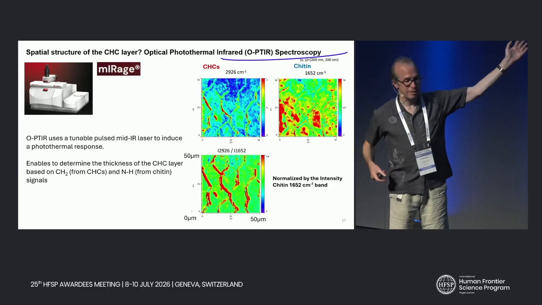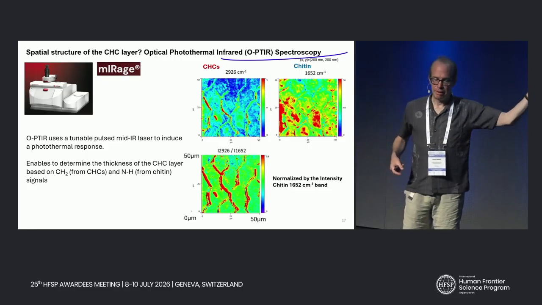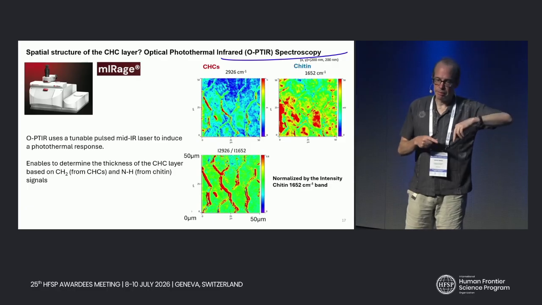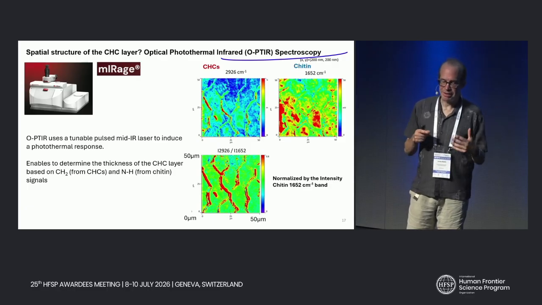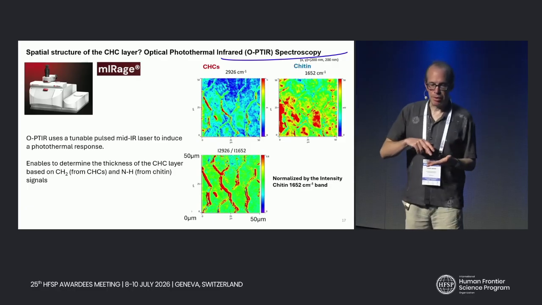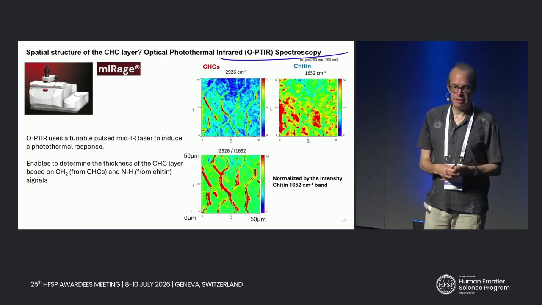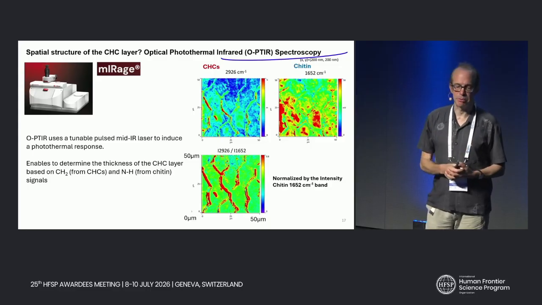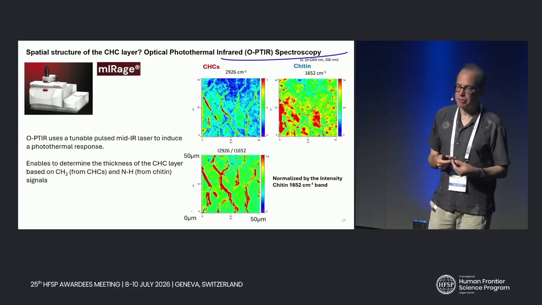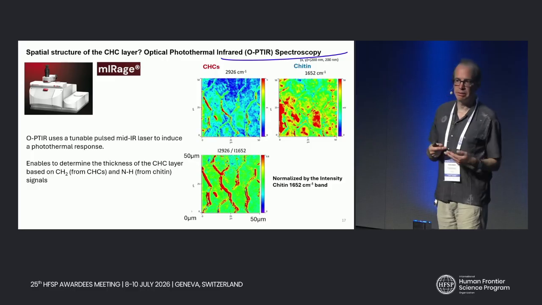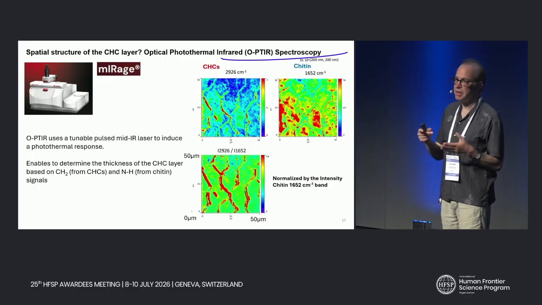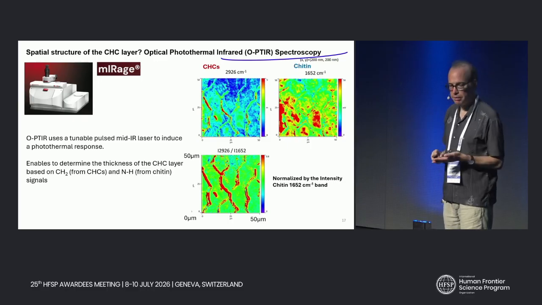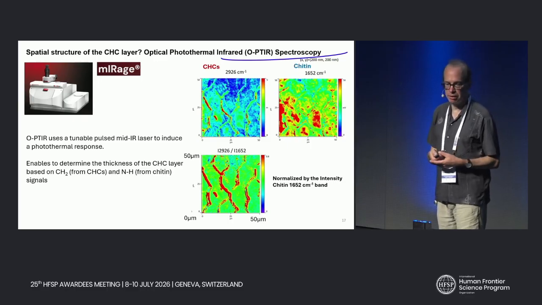So this quadrat is 50 micrometers long, and you see that there's very strong cell-shaped structures with higher CHC thickness. So the layer actually has a spatial structure, and we confirmed that with normal light microscopic images, that this is really along the cell borders. The CHC layer is much thicker.